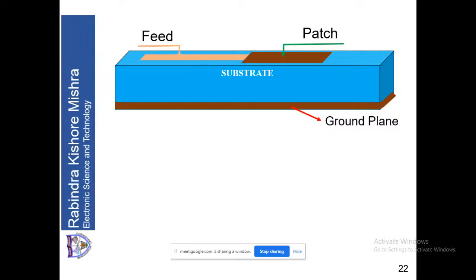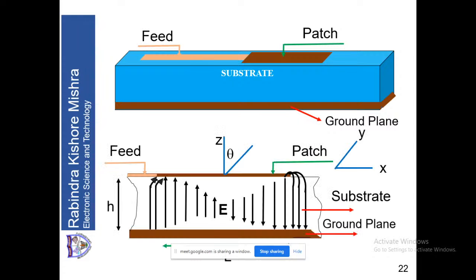Now let us see actually what happens here. Why does it radiate? So I'll take a cross section of this. The picture that we are seeing, let us take a cross section of that picture. If I take a cross section, you can see there is the ground plane at the bottom, which is chocolate color or copper color. At the top there is a patch, which is again chocolate color. So the green arrow shows the patch.